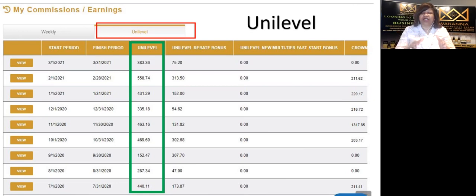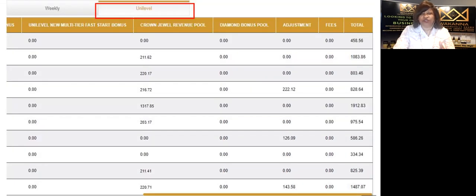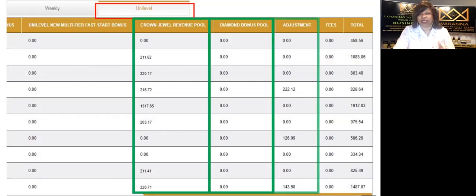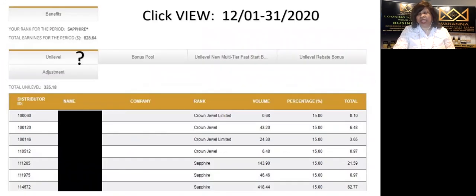Under Unilevel you've got a bunch of independent tabs: Unilevel, Unilevel rebate bonus, Unilevel fast track start bonus, Crown Jewel revenue, diamond pool, adjustment fees, all those terminologies I went through earlier. Now you see them as tabs. Okay, let's find out what they are. Unilevel.